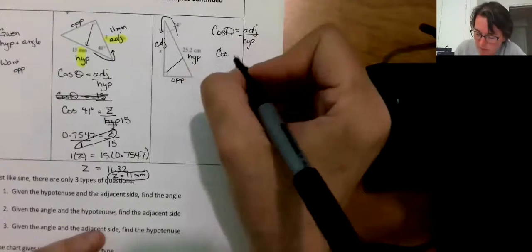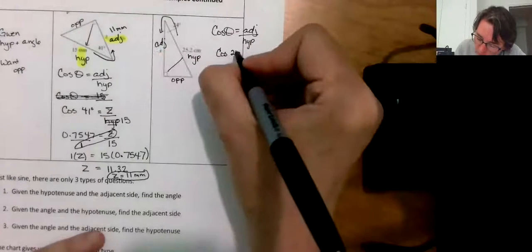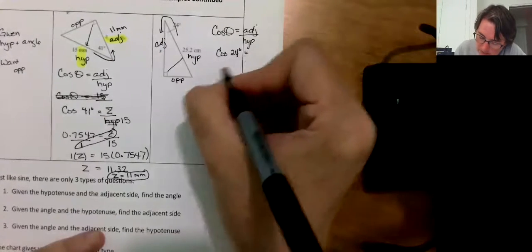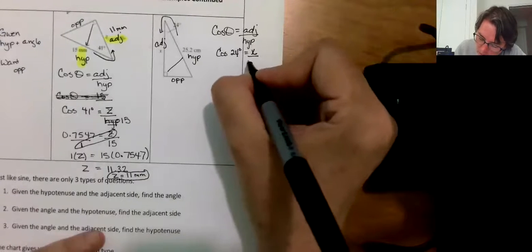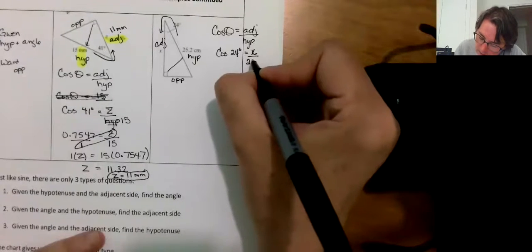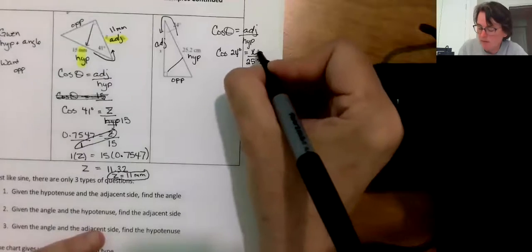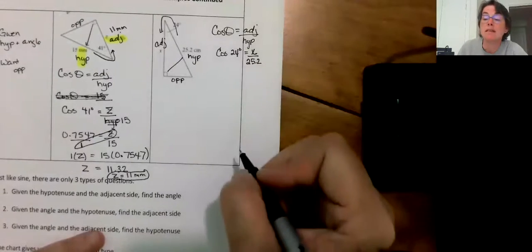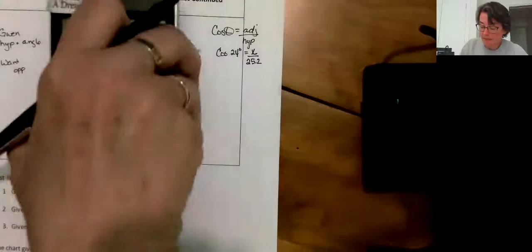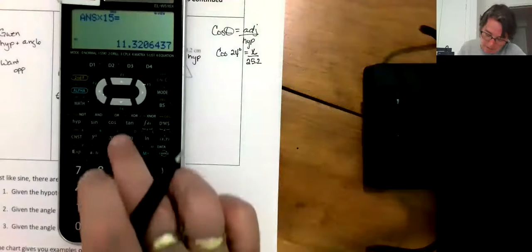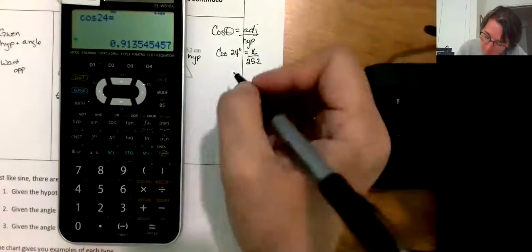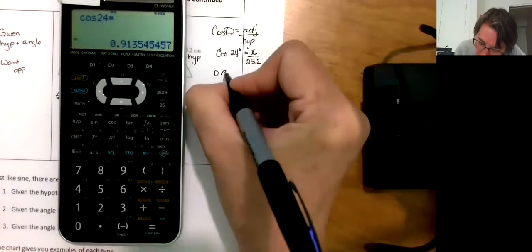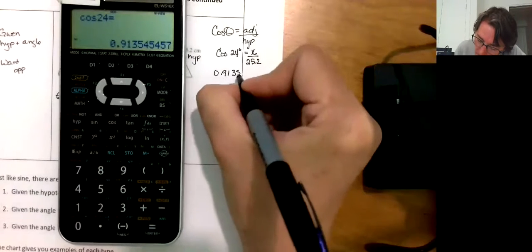Okay, so let's see if I can do this question without messing up. 24 degrees, cos 24, is adjacent, which I don't know, so I'm going to put the x there over 25.2. Like I said, if you want to just keep writing adjacent instead of the x, that's fine. That is marvelous. So cos 24 is 0.9135.